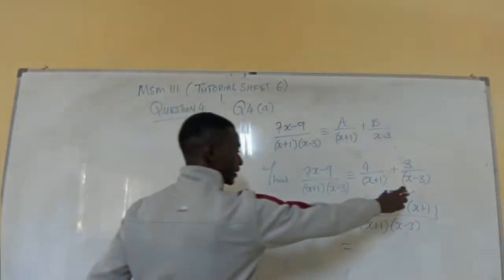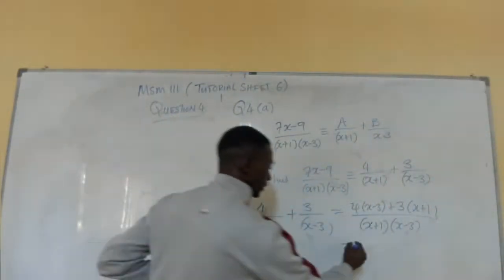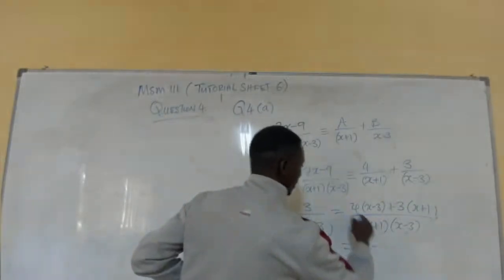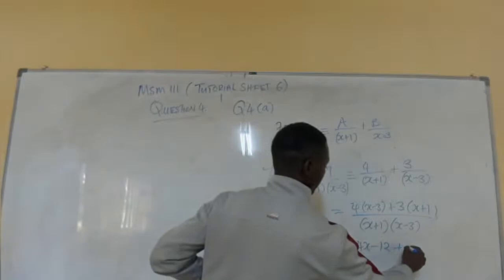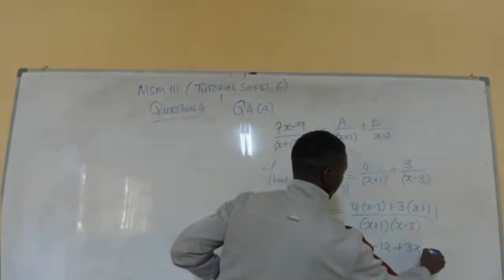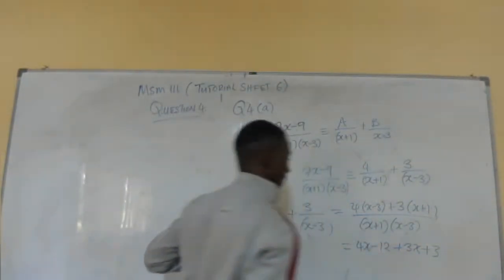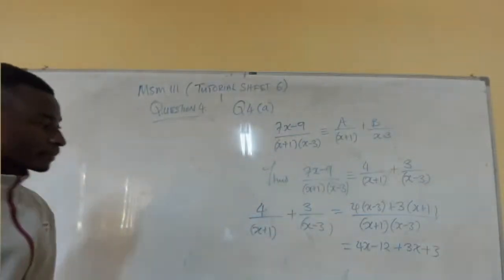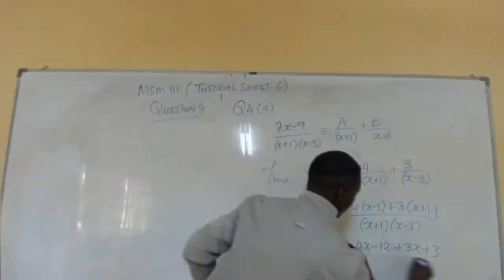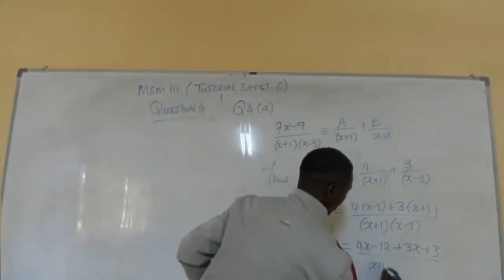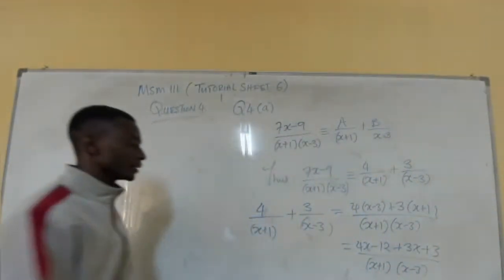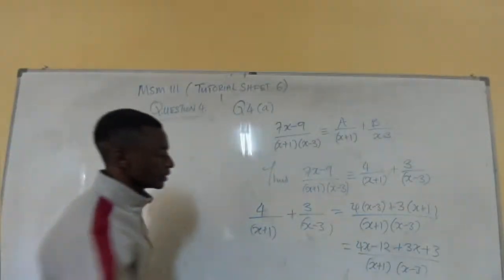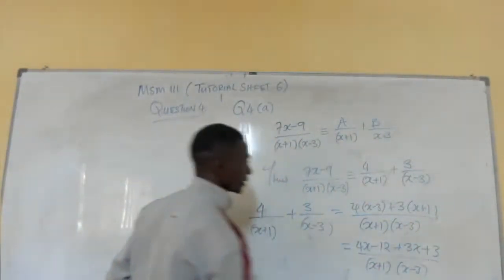If you expand the numerator, expanding the numerator, we're getting 4x minus 12 plus 3x plus 3 over x plus 1 and x minus 3. So now let's collect the like terms there. 4x plus 3x.